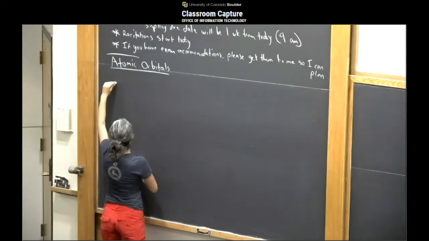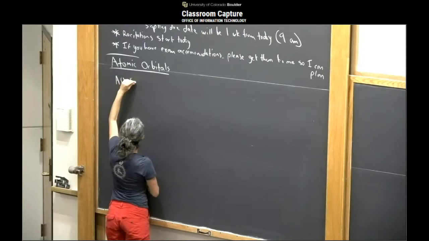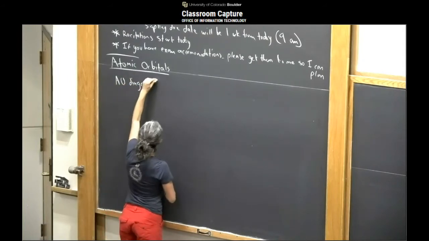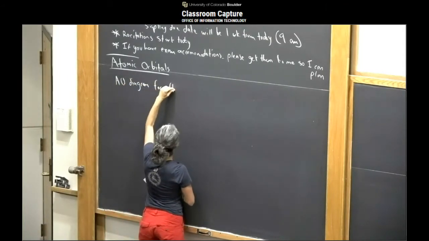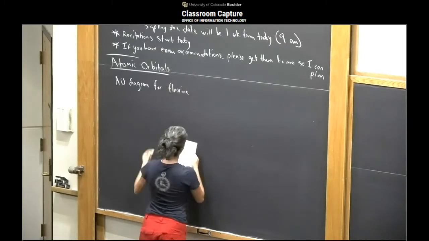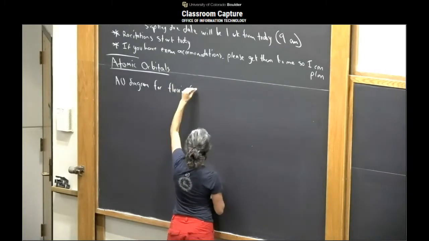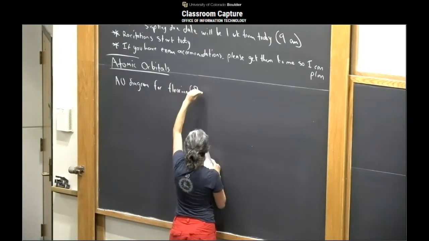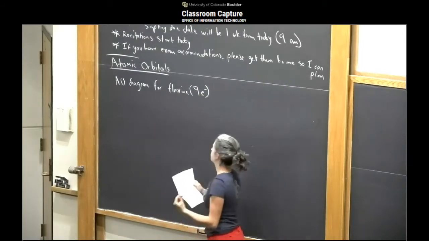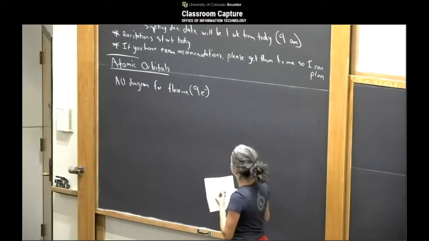So the AO diagram for fluorine, which according to the periodic table has an atomic number of 9, so should have 9 electrons if it's neutral.